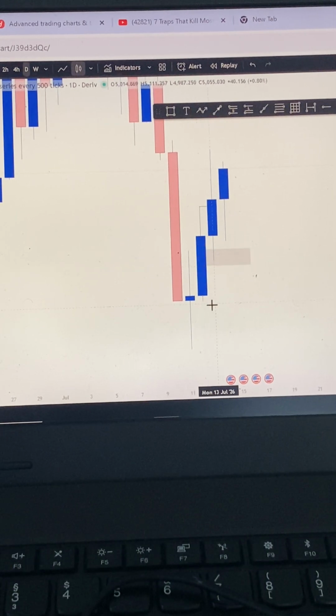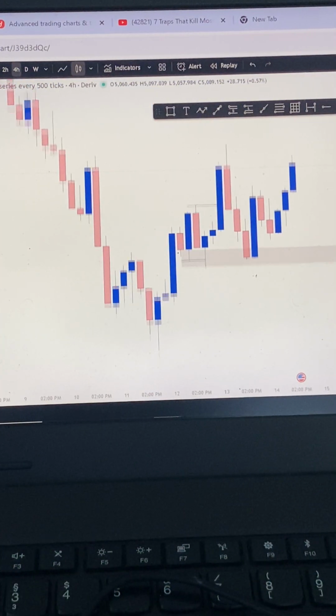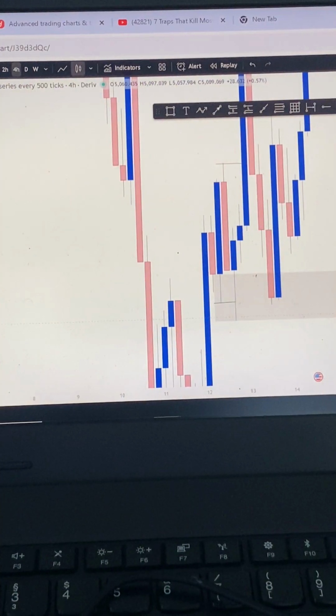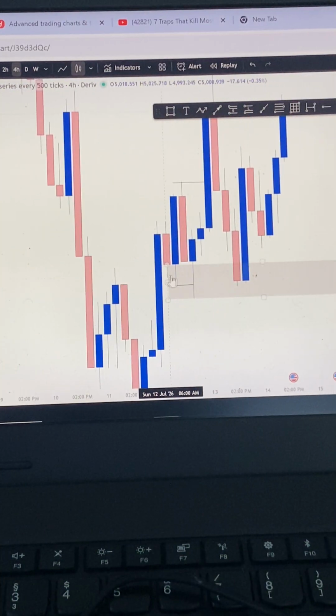Okay, so this is it. I couldn't find it here, so I went to the H4. The H4, what did I see here? Remember, this is the price action that we saw on the H1, right?